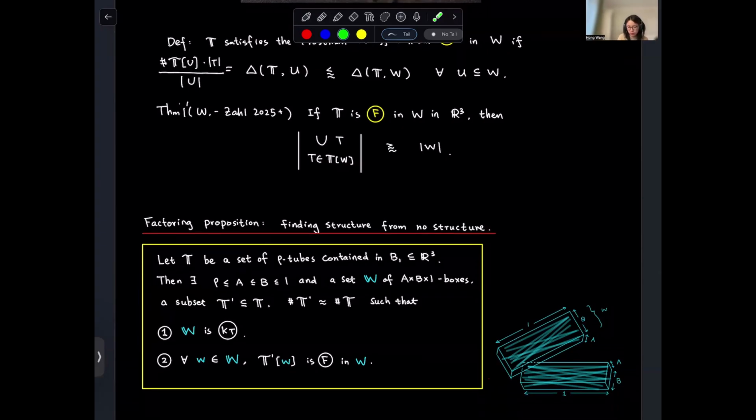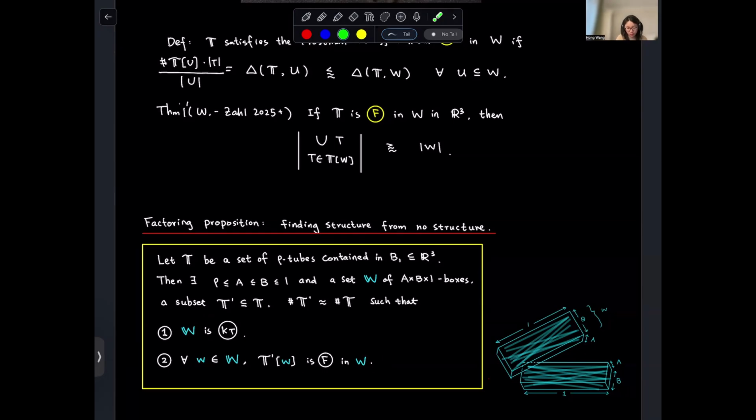The factoring proposition says that for any set of rho-tubes contained in the unit ball, we can find a set W of some boxes such that the set W itself satisfies the Katz-Wolff axiom, and then the set of rho-tubes is very dense inside each box W. This is a structure that turns out to be very useful to study the union of tubes problem.